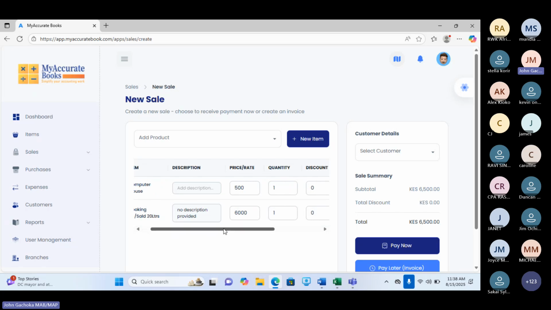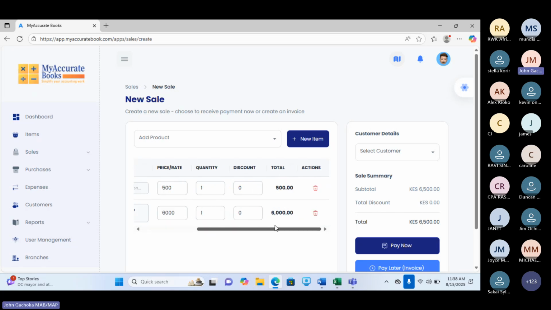Now, in some instances, when you're selling, you may give a discount. So if you are giving a discount, you just update it here or here. Let's say, for example, for the cooking oil, we are discounting 150. And why do you need details of your customer?